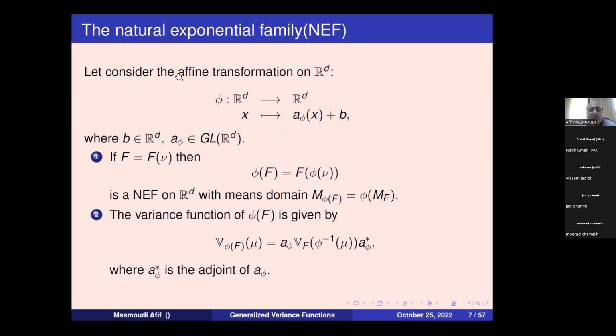So let us consider the affine transformation, where B is an element of RD and A is an element of GL of RD.